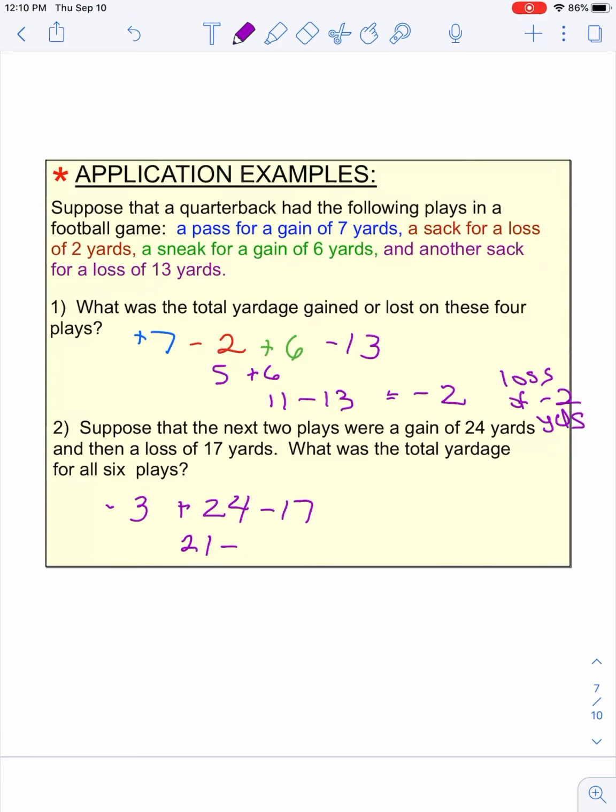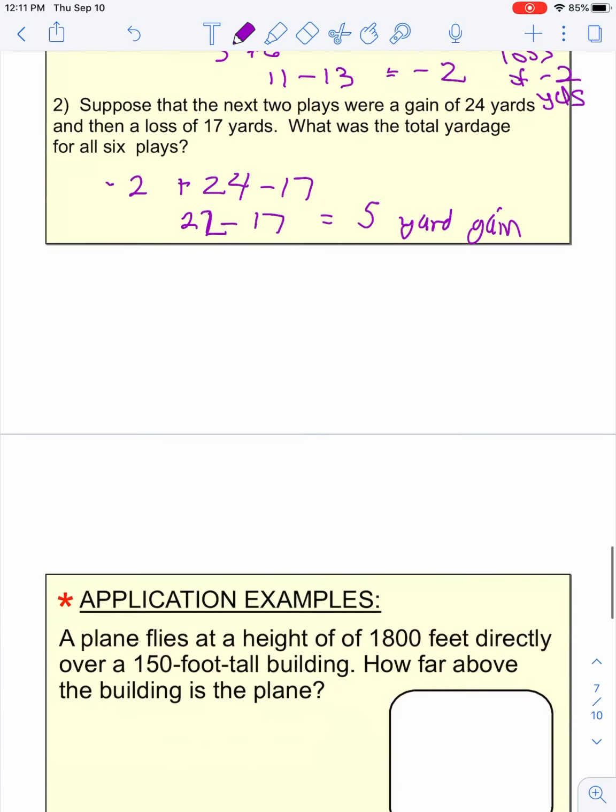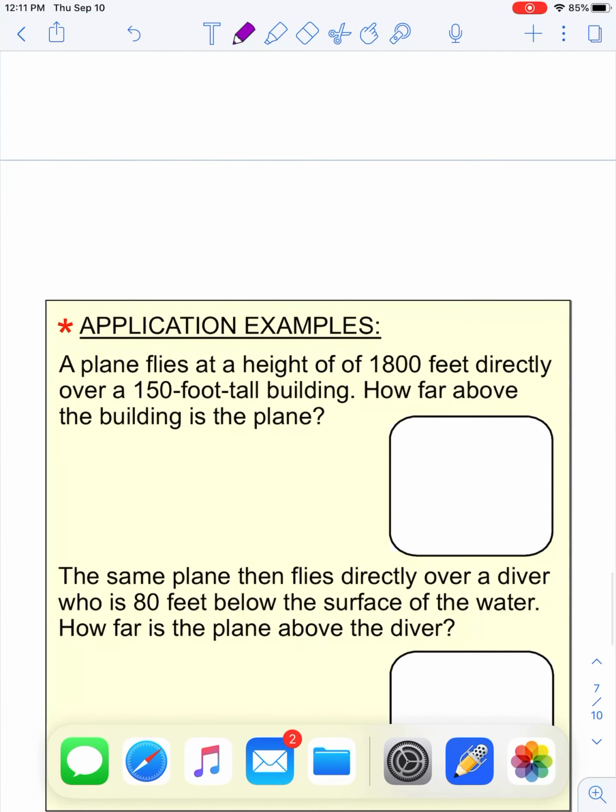So now I'm starting at a loss of 2, and then gaining 24 yards means I have a gain of 22. I lose 17 more, which means I have a 5-yard gain is the total yardage. All right, one more for you to try.